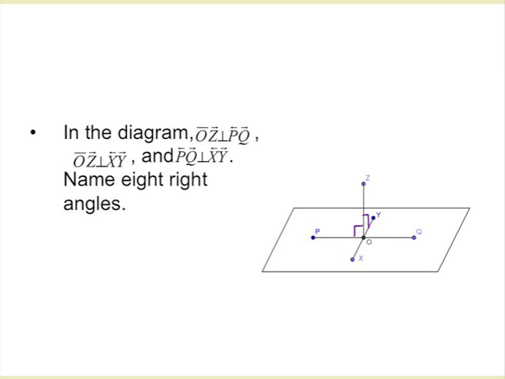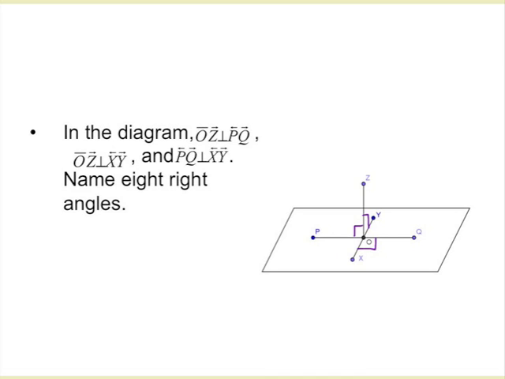And we are told that PQ and XY are perpendicular. Again, they don't really look like it, but we're told that they are. So what we have happening here is a plane or a flat sheet of paper with 2 perpendicular lines drawn on it. Point Z is floating directly above the middle and connecting straight down. So there should be 8 right angles in this picture again.